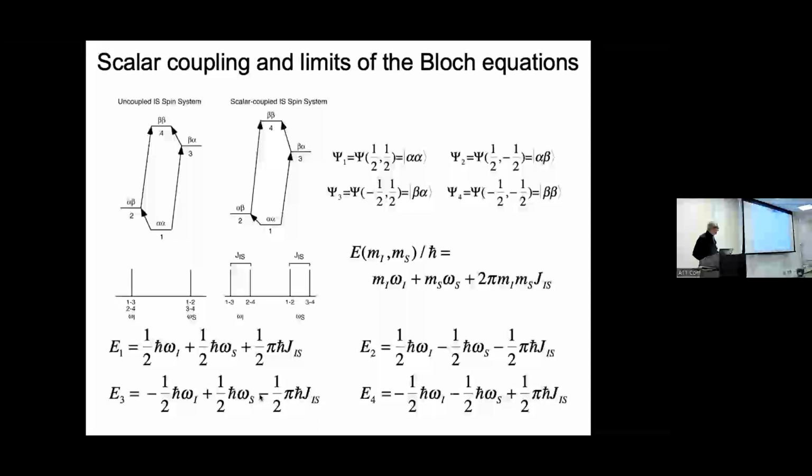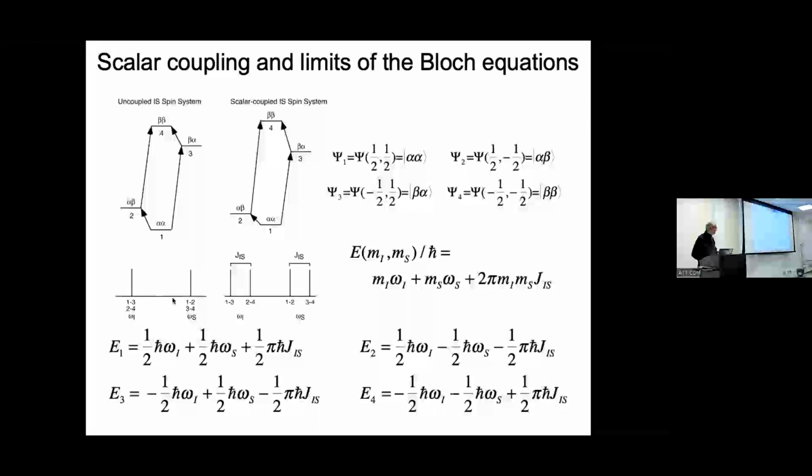So now here are the energies of the 4 states: the energy of the alpha-alpha state, the energy of the alpha-beta state, beta-alpha state, and beta-beta state. And now you can see the energies are shifted relative to the case where J was equal to 0.